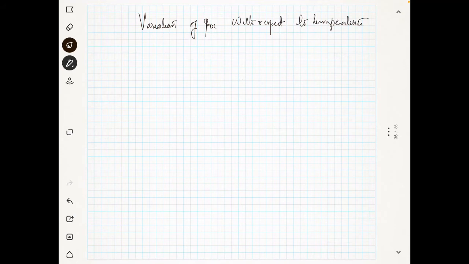I have told you beta DC is a constant, but whenever there is a change in the temperature, beta DC will change. A lot of electrons will be breaking the bond and becoming free electrons, and accordingly beta DC will be changing.